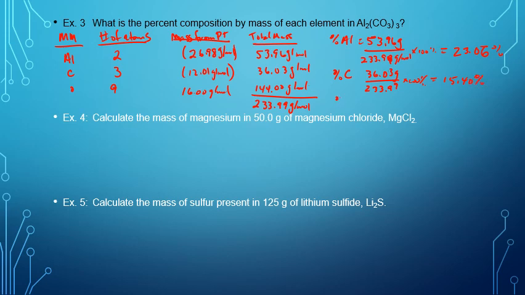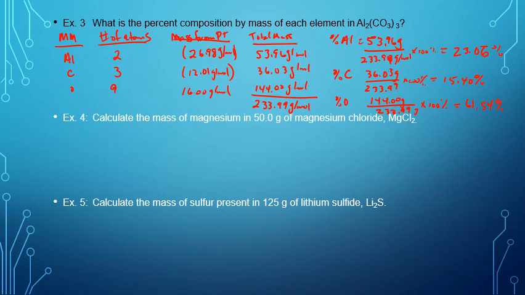And my last one, percentage of oxygen: 144 divided by the 233.99 multiplied by 100%. And we end up with 61.54% oxygen.